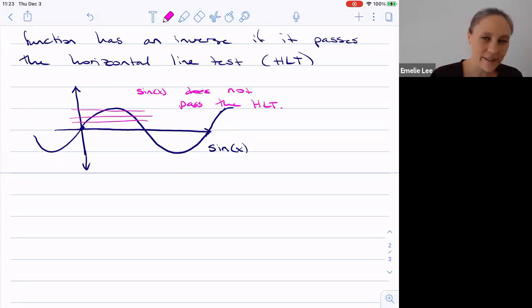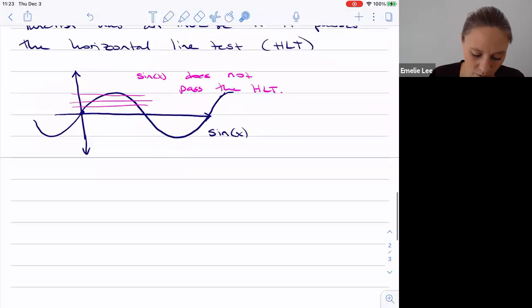But from your calculator, you've probably seen that there is a sine to the -1, which we read as sine inverse, right? So we know that it exists. And so what we have to do is restrict the domain. We focus on some values of x that give me a one-to-one function, so then it'll have an inverse.